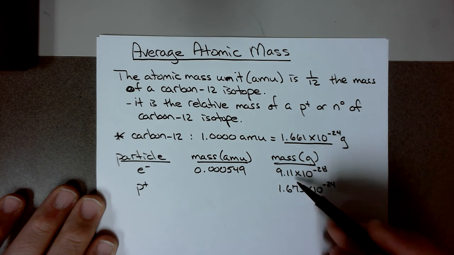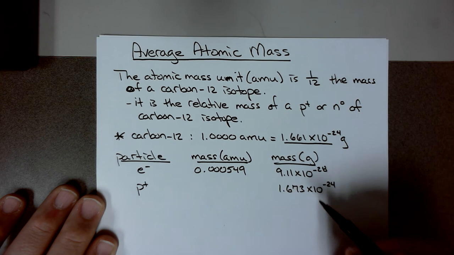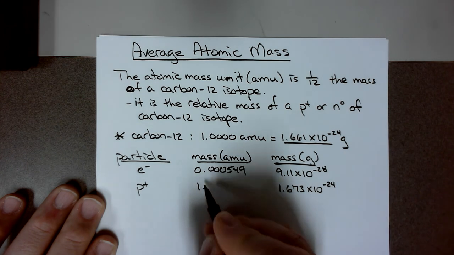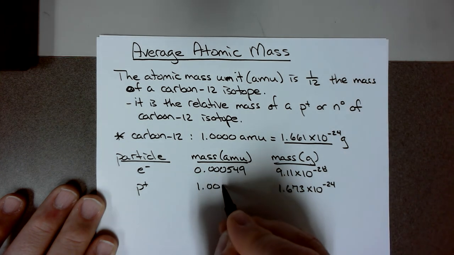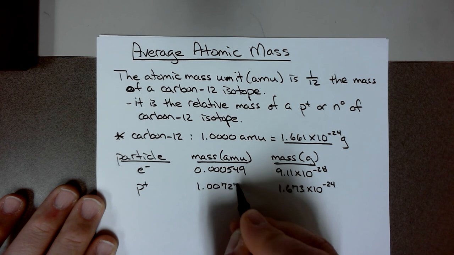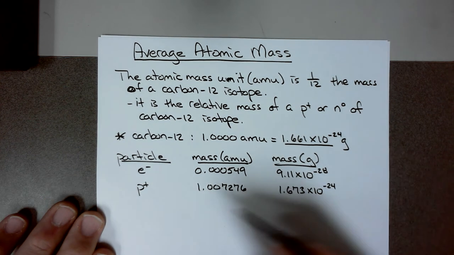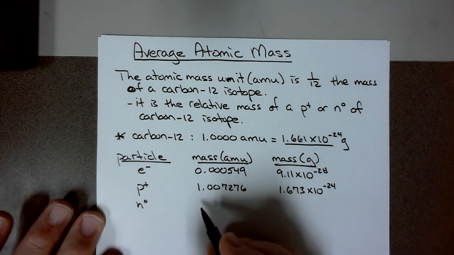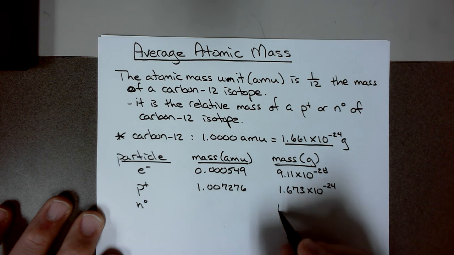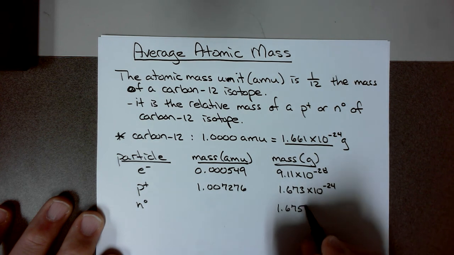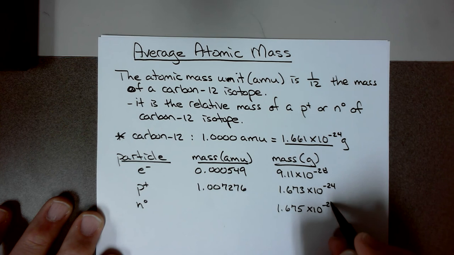you know that it's going to be just a little bit over 1, and it really is officially 1.007276. And then for a neutron, we had a mass of 1.675 times 10 to the negative 24th grams.